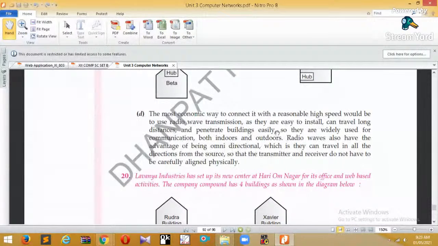So if the particular office is located in any other place or longer distant place, then we can connect using the radio wave transmission, so that the speed will be good, as well as the data loss will be very less, and it will be quite more feasible than any other kind of network.